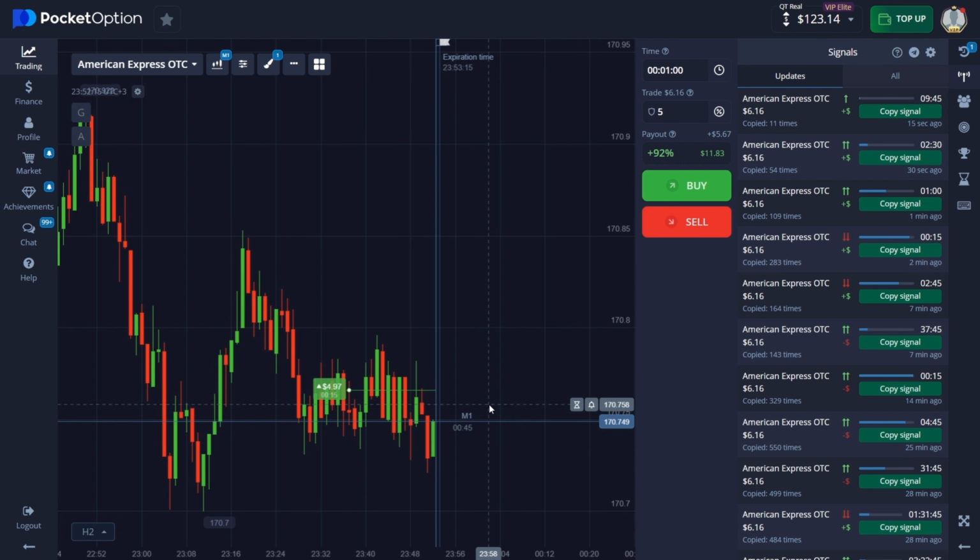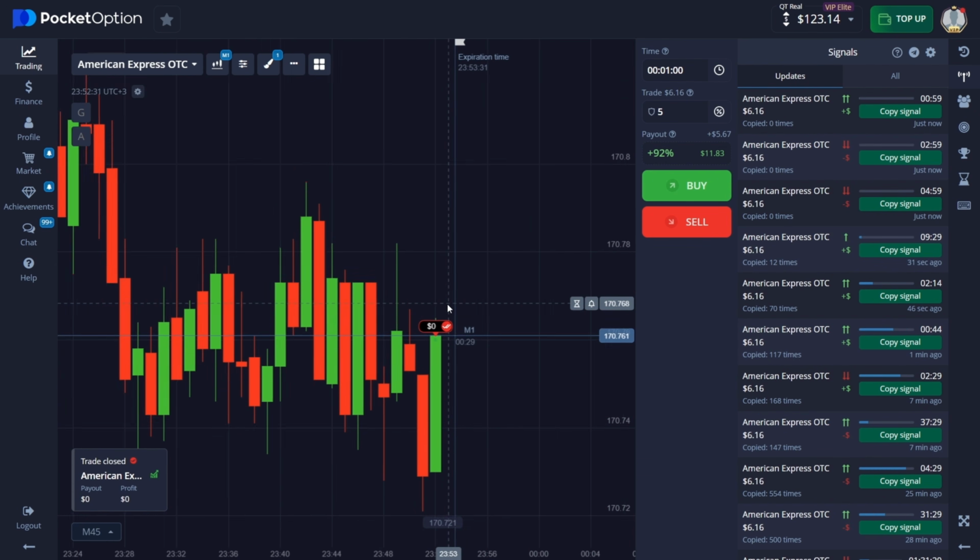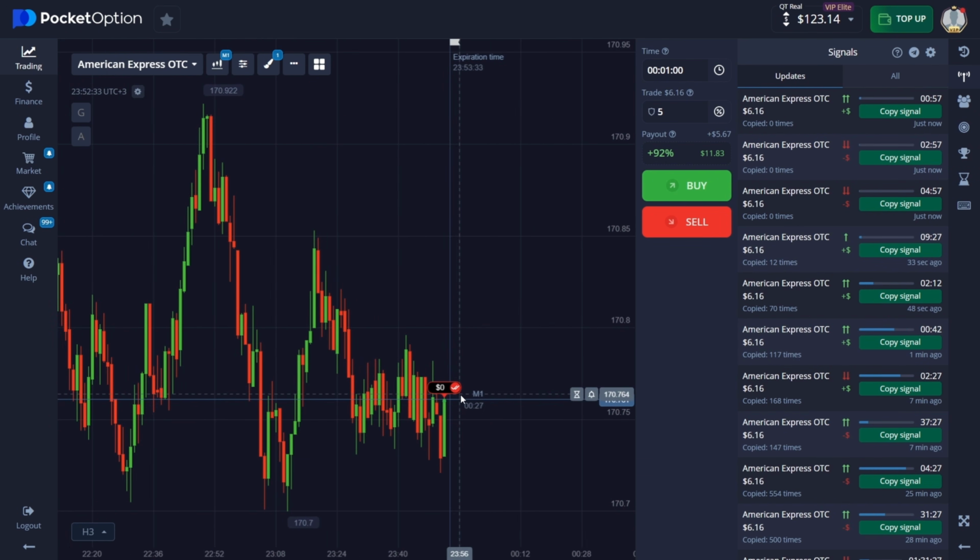The trade is not in our favor right now with only 14 seconds left. By just 1 or 2 points we lost this trade. No problem, we've already gained a 23% ROI.